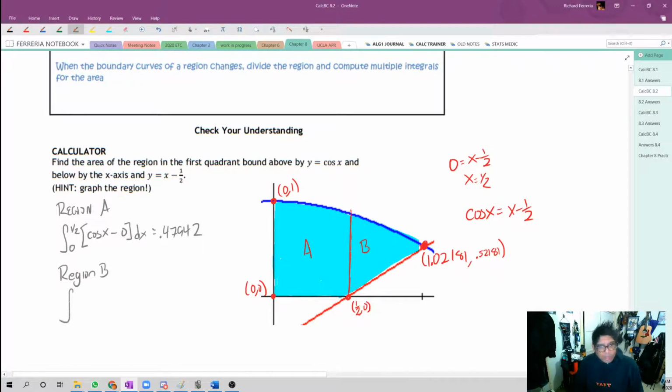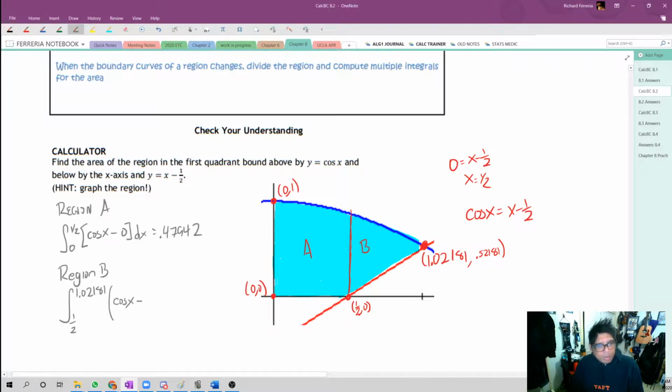Now we'll find the area for region B. Okay, the lower limit is at 1/2. The upper limit is at 1.02181. I just realized that I forgot to save that into my calculator, but I have 5 digits already written down. That should be enough for me to get an accurate result. Now the top curve is still cosine.